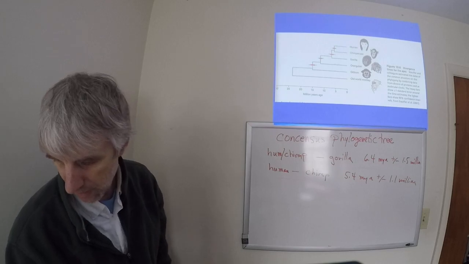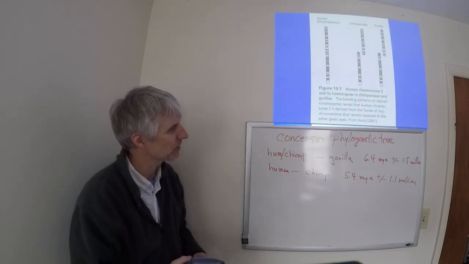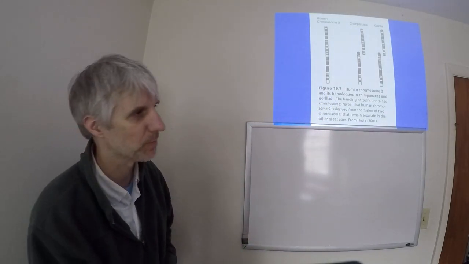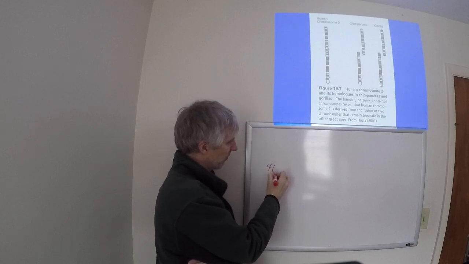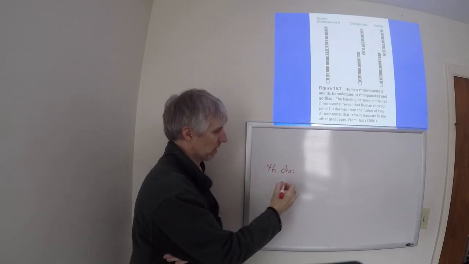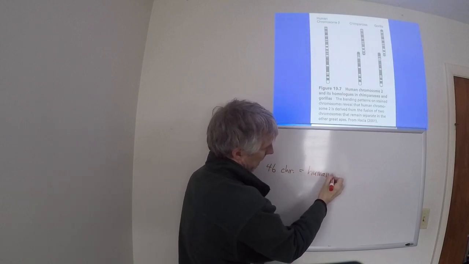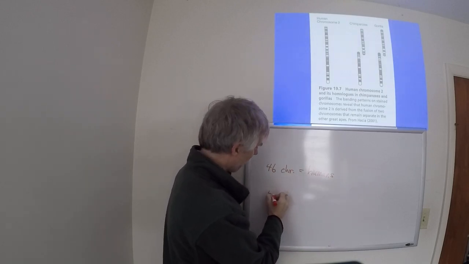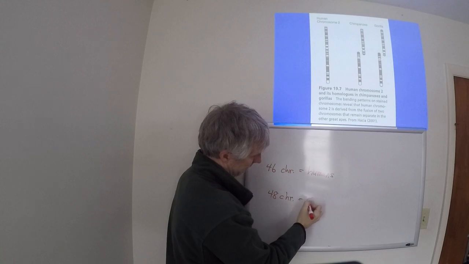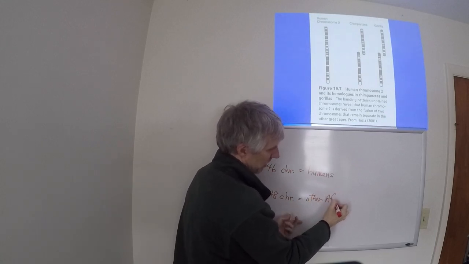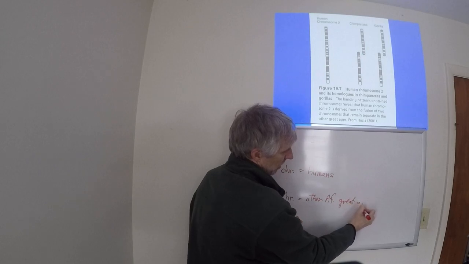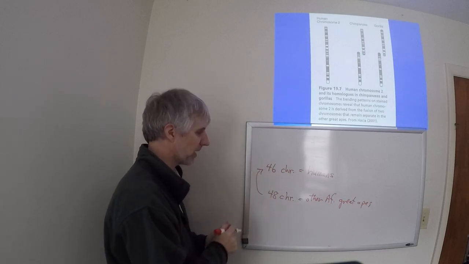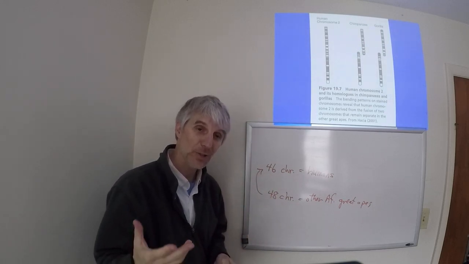Okay? And then some additional evidence has to do with looking at chromosomes. So humans have 46 chromosomes. And if you look at the chimps and gorillas, they have 48 chromosomes. So the other African great apes have 48 chromosomes. So then you ask yourself, well, how do you get from here to here? Well, during meiosis, you have one of those goof-ups.